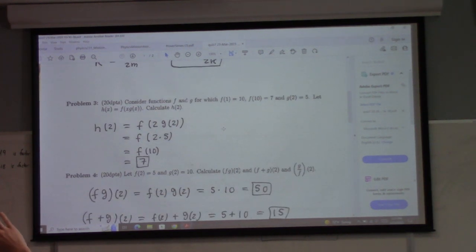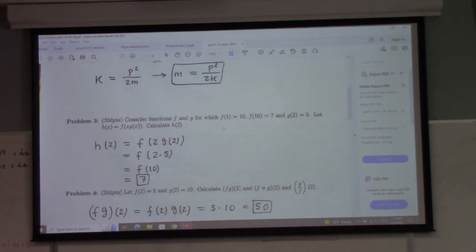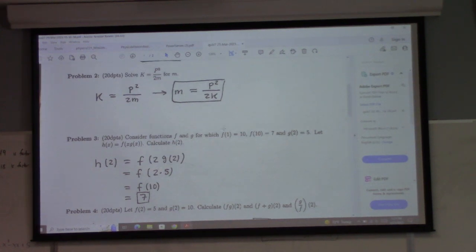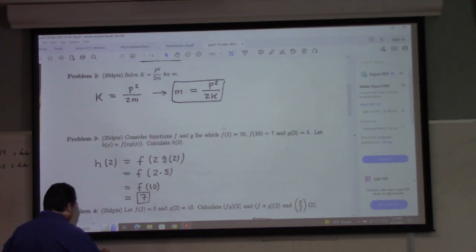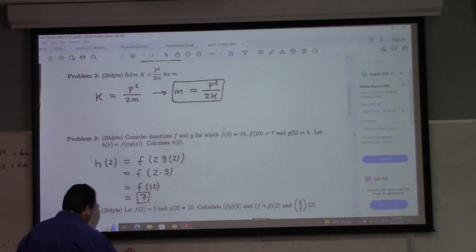I have a question. Sure. If you multiply by 2m to get to the other side, and then you divide, would it be by m and k, or is it just 2k? If I multiply both sides by 2m, I have 2mk is 2m times p squared over 2m.